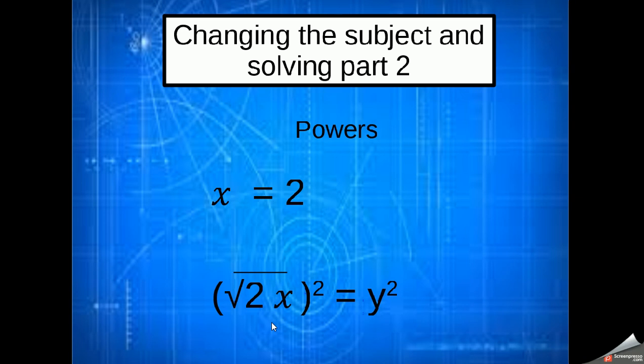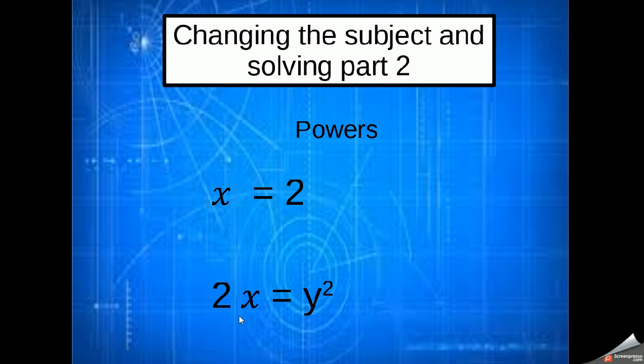Notice how I am squaring the whole of the 2x, not just the x. But if I'm going to square the left side, then I have to square the right side. So we've now got y squared. That has cancelled off the square root, because the square root was of the 2x, not just of the 2.